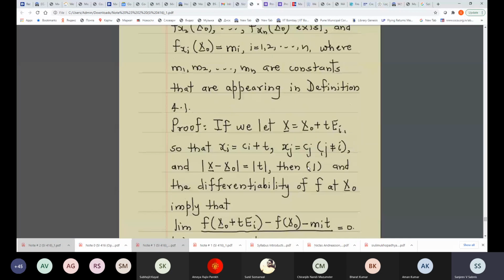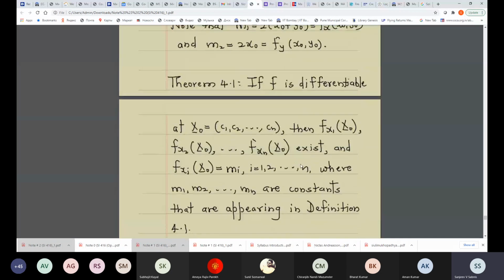It said that if the function f from Rn to R is differentiable at the point x naught, then the partial derivatives of f with respect to xi for i going from 1 to n, evaluated at x naught, exist. Okay, and this example shows that the converse is not true.